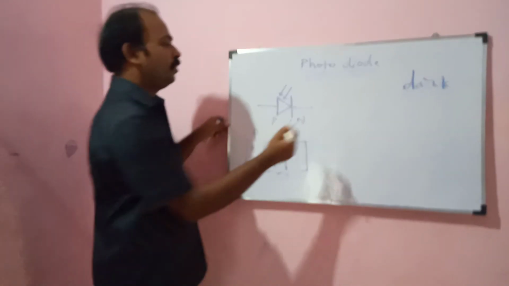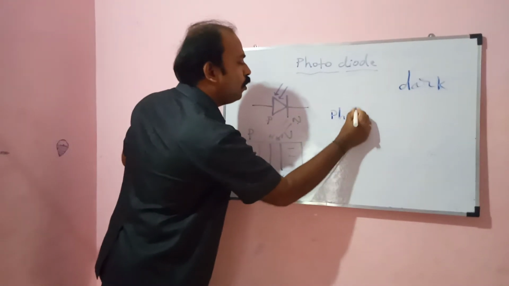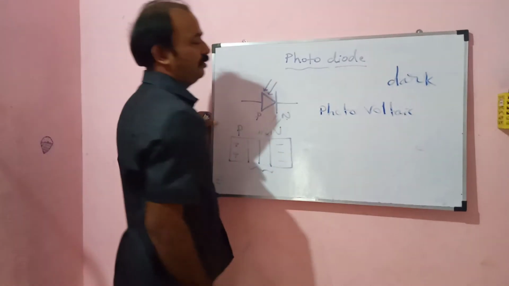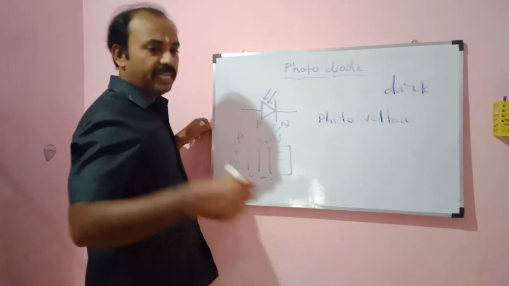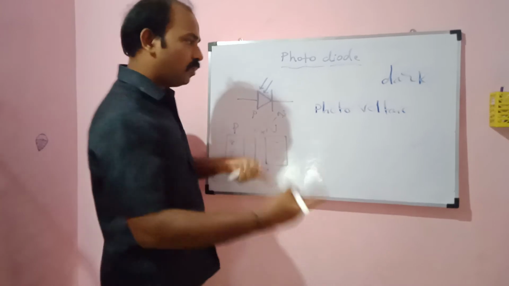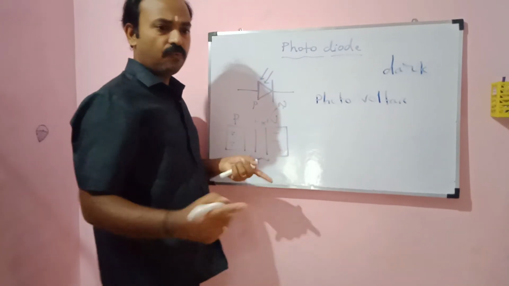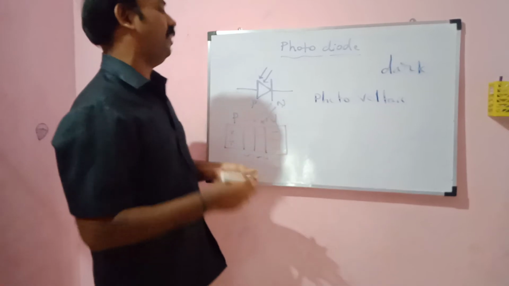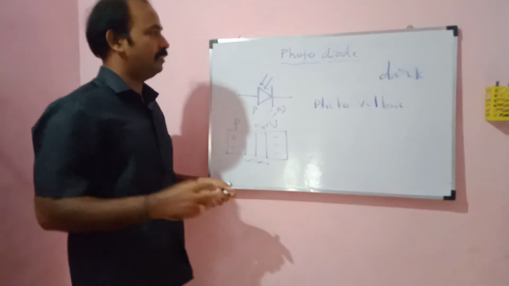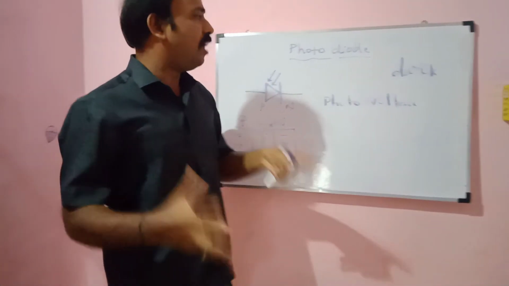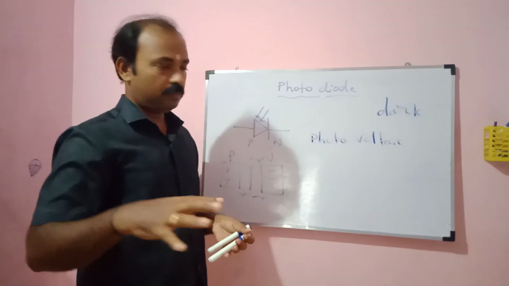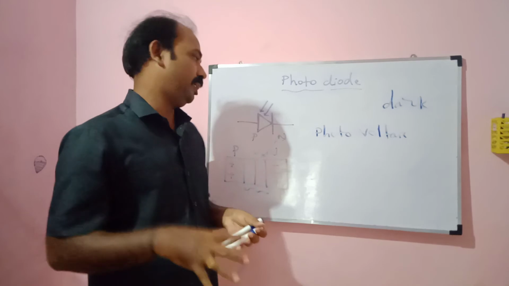One is photovoltaic mode. Then another one is photoconductive mode, and avalanche diode mode. So three different modes of operation are possible in the case of a photodiode.